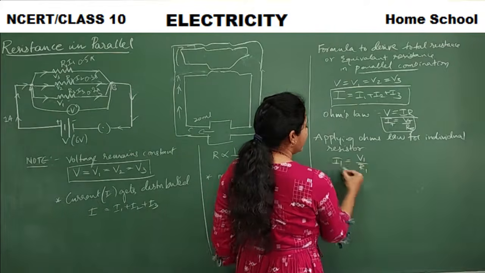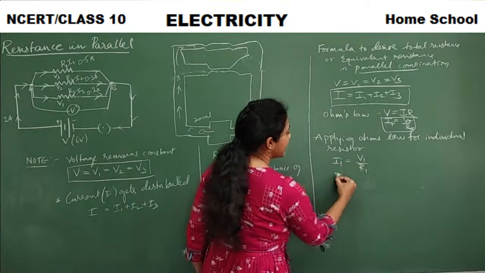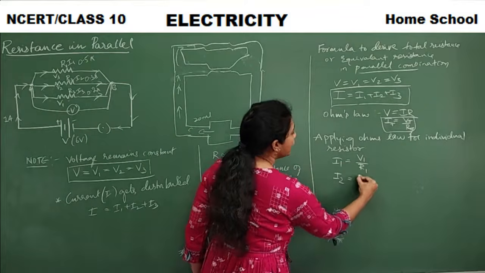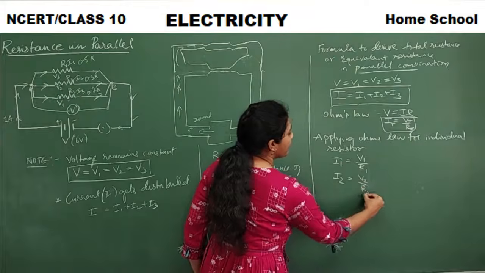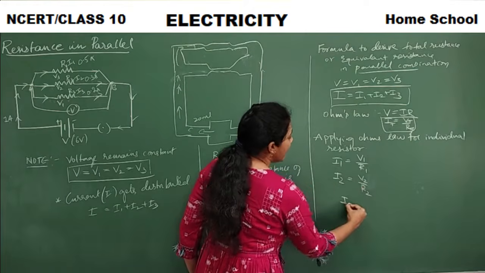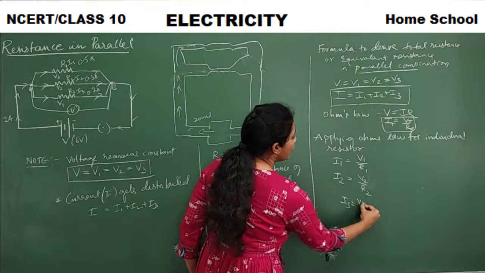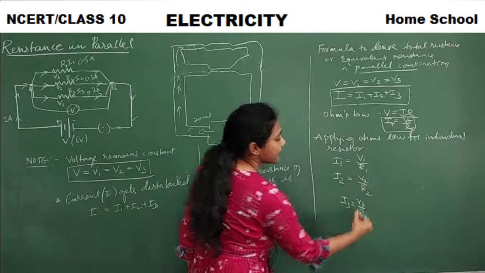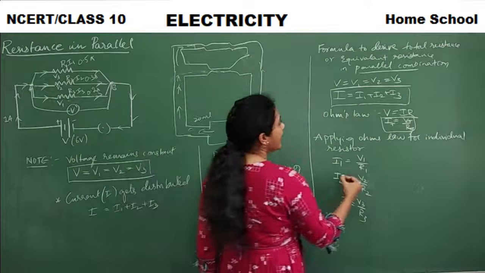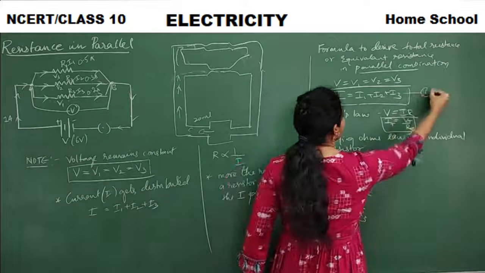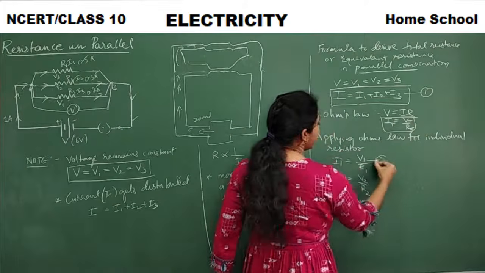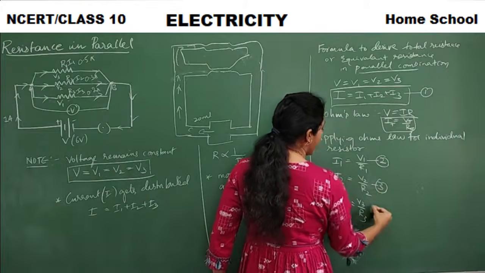For the second resistor, I2 is equal to V2 by R2. For the third resistor, I3 is equal to V3 by R3. Let me consider this as equation 1, and these as equation 2, equation 3 and equation 4.